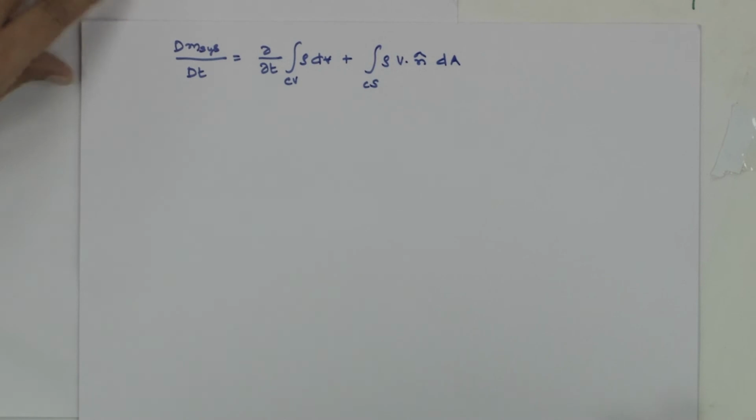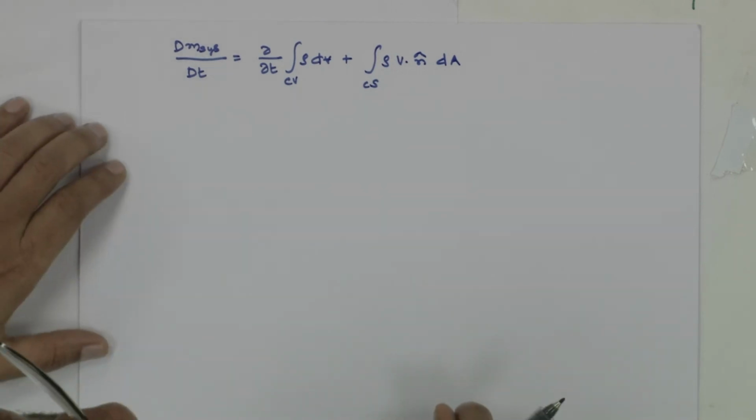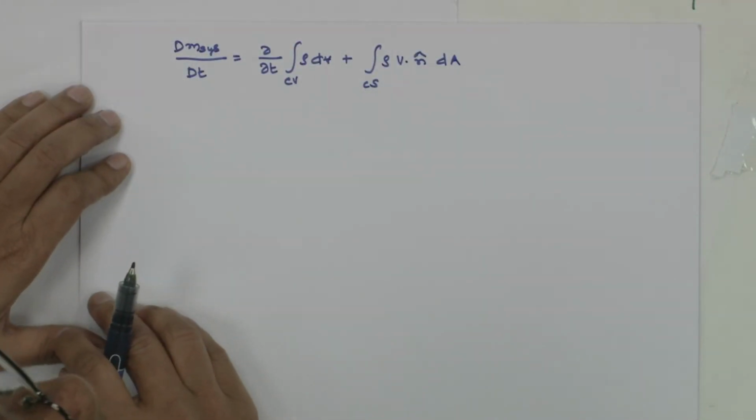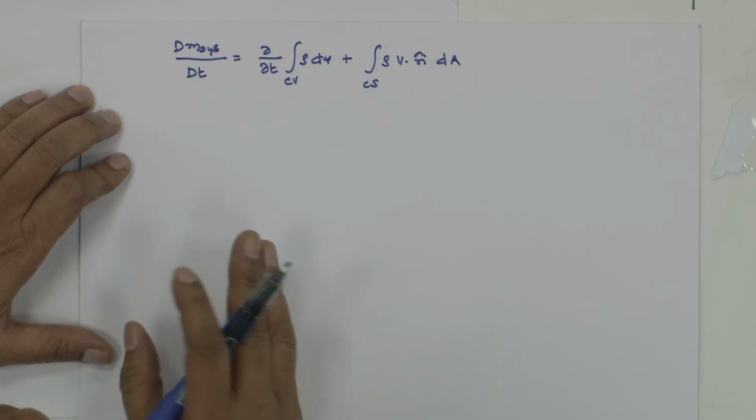Before we take the control volume, what do we state for the conservation of mass for a system? We say that mass is conserved, that means mass is not created. So dm system by dt would become 0.